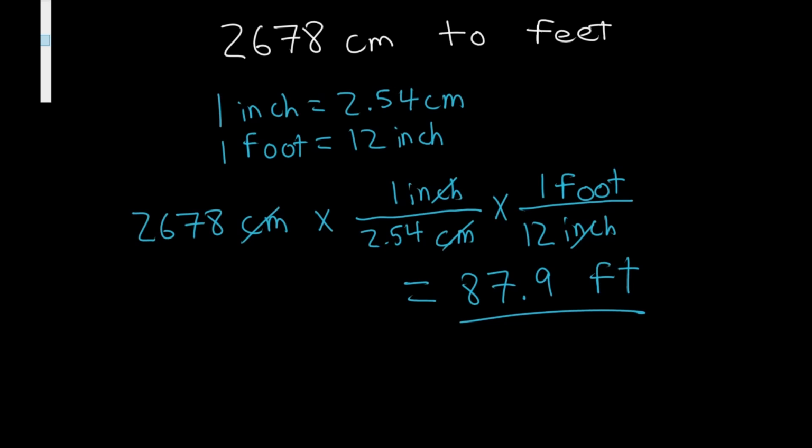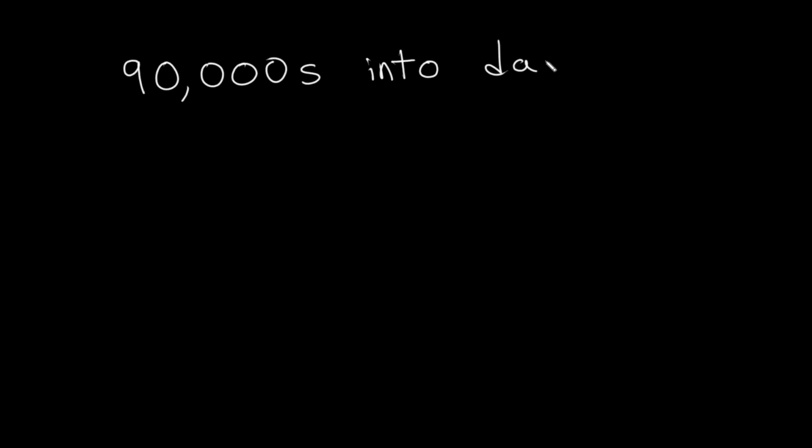Okay, this next problem is a little more challenging, but it should be okay. So what it asks is to convert 90,000 seconds into days. So this will be a multi-step conversion.